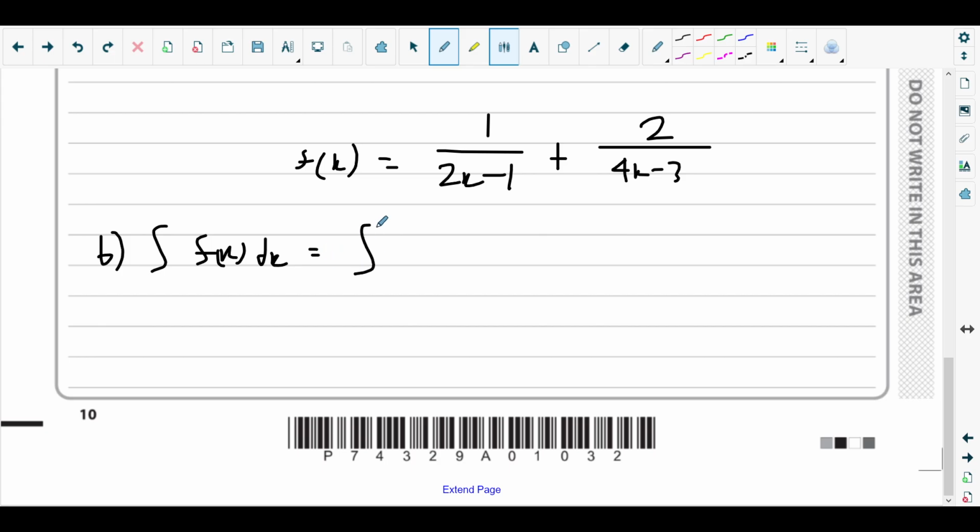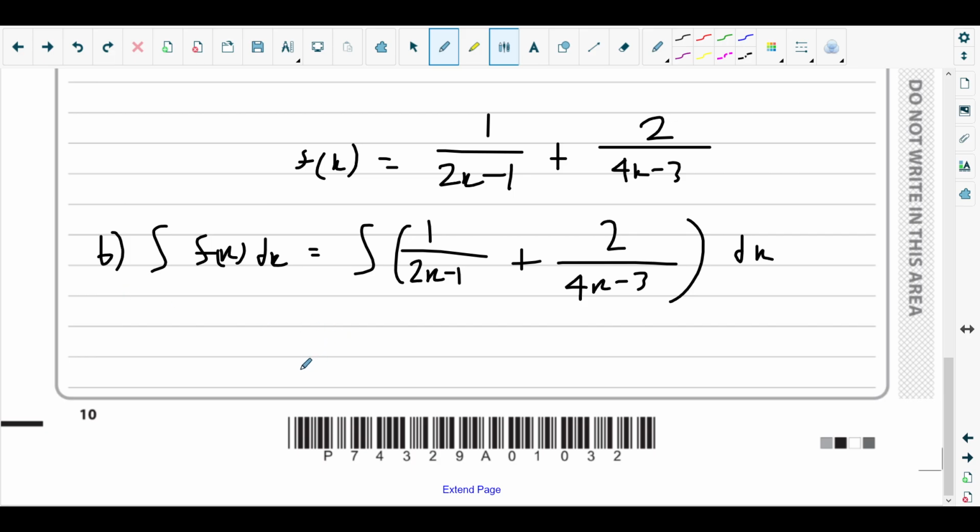So what we can write: the integral of 1 over twice of x minus 1 plus 2 over 4x minus 3 dx. We know that integration of 1 over something is ln of that.